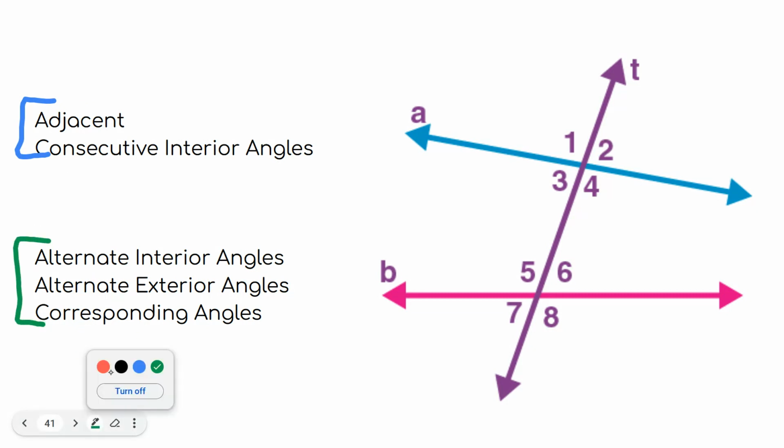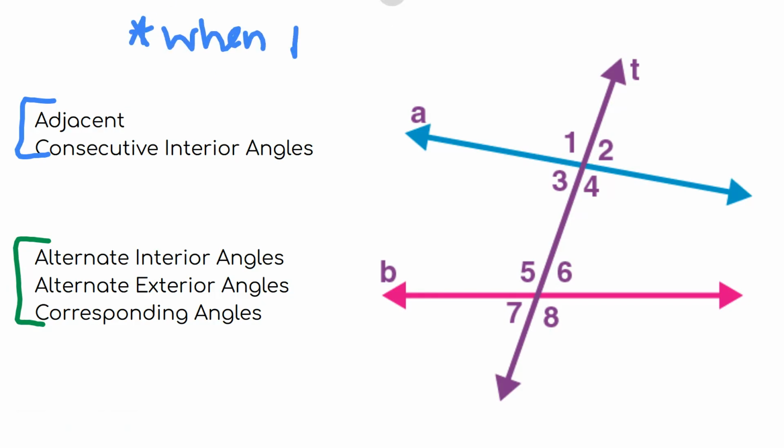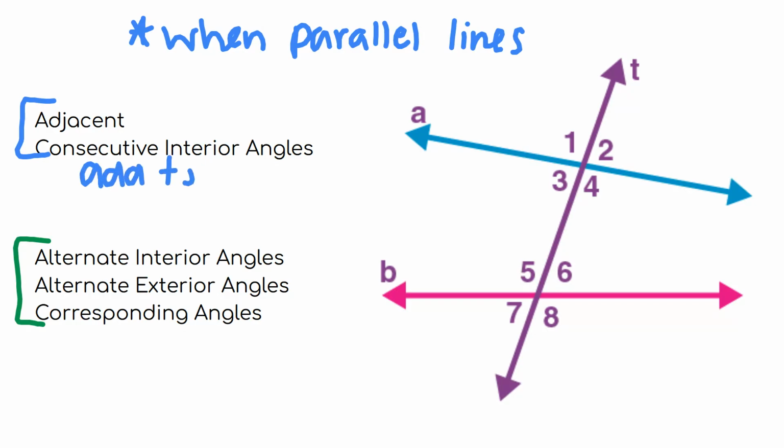What we find is that when we have parallel lines, adjacent angles and consecutive interior angles will add to equal 180 degrees.